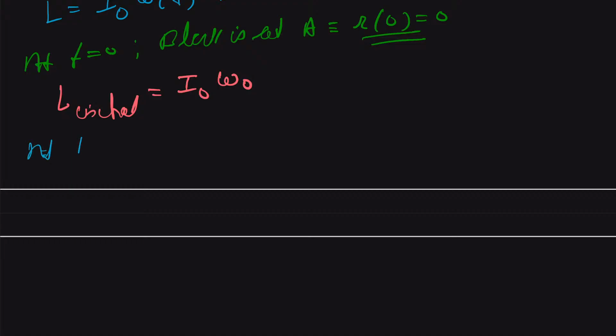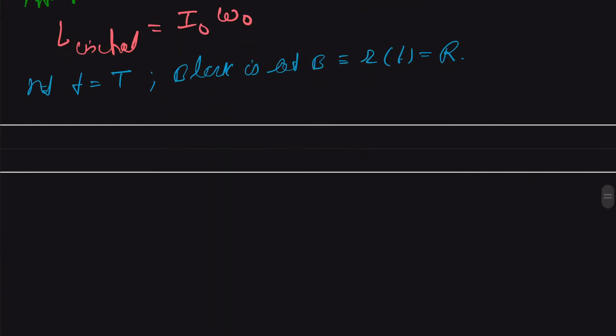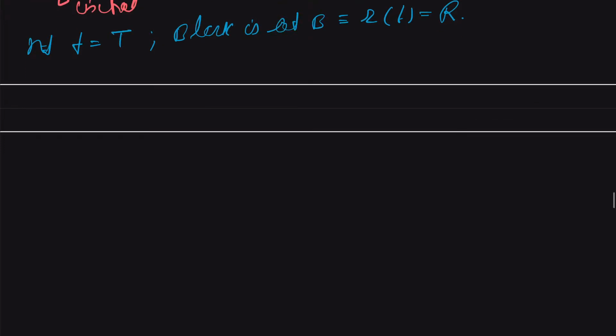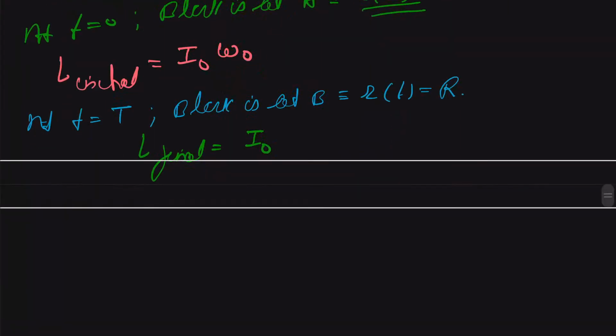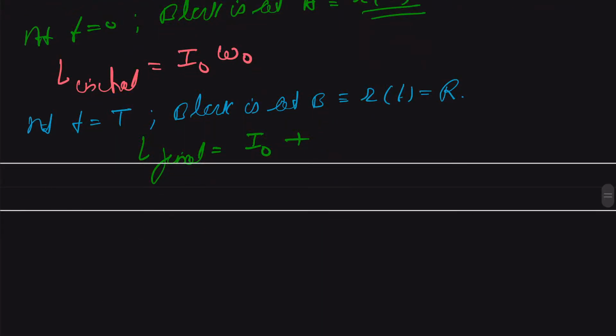So at t is equal to capital T, the block is at B, and in this case r of T is equal to R. Therefore our L final will be equal to I naught plus m R square, times omega final.